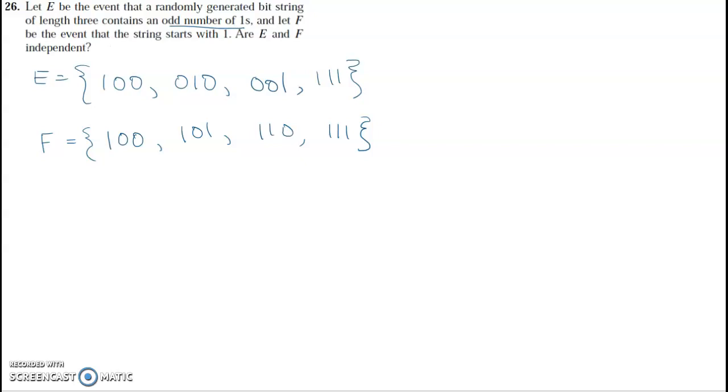Alright, so if it's independent, we have to show that probability of E times probability of F is going to equal the probability of E intersection F. So we have to show if this is satisfied. Alright, so first off, what's the probability of E? We had 4 cases, and out of how many total?